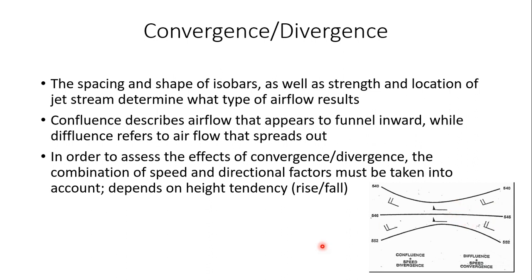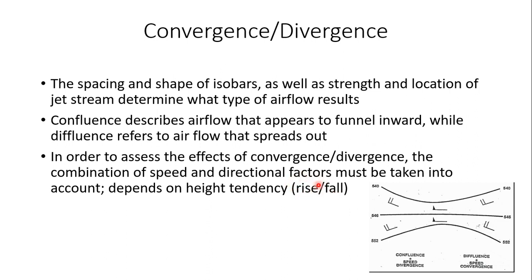All right? But now, you can't just look at the speed divergence, convergence, and directional divergence, convergence, and necessarily get an idea of what's happening in the upper levels of the atmosphere. In order to assess the effects of convergence and divergence, the combination of the speed and direction factors must be taken into account. And what you're really going to look for on an upper level station plot is the height tendency. Are the upper level heights rising or falling?